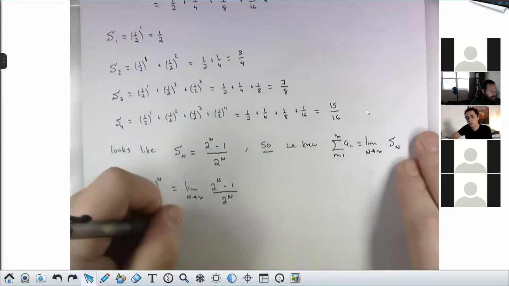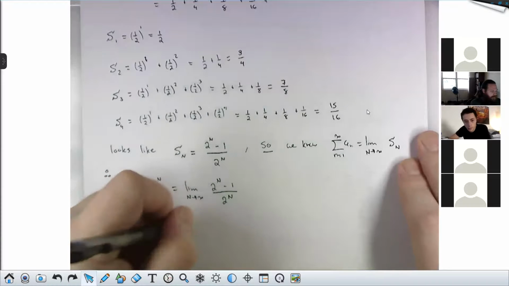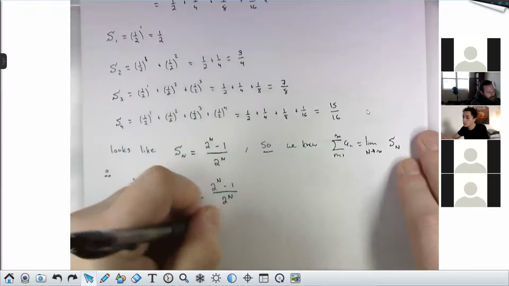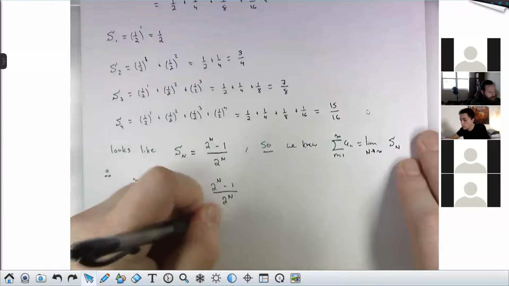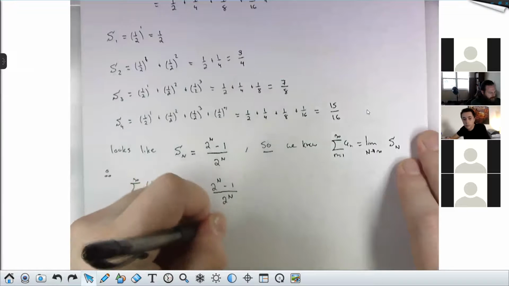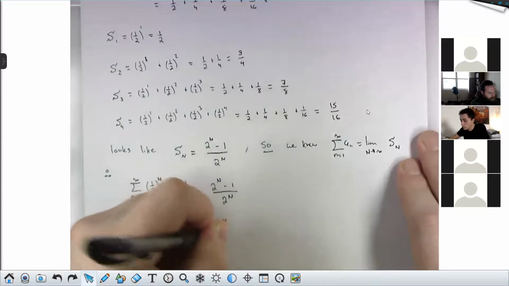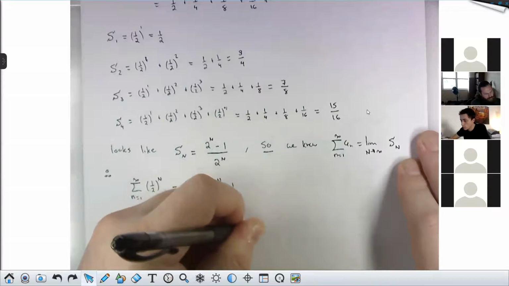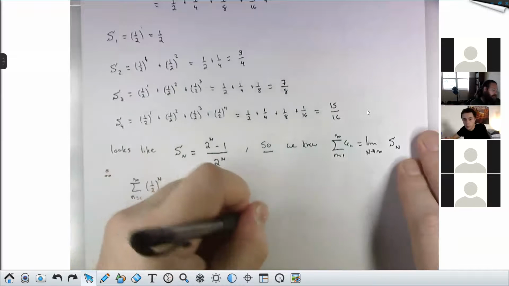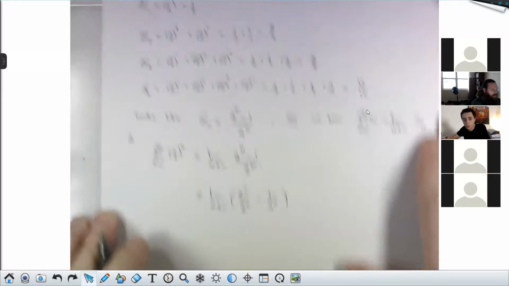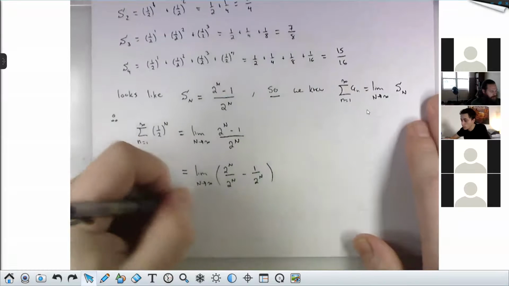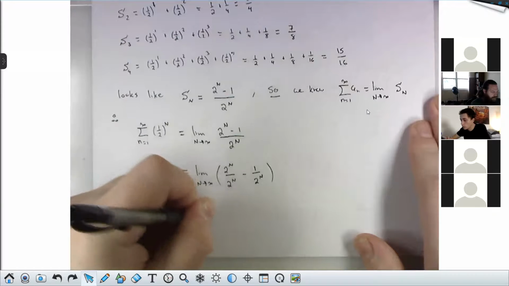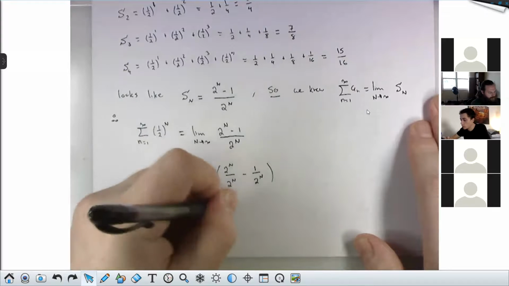Now this limit is actually not hard to calculate. This is the limit as capital N goes to infinity of 2 to the n over 2 to the n minus 1 over 2 to the n. I'll write it out. And 2 to the n over 2 to the n is 1. Without the limit, just algebraically, you can cancel those and get a 1.